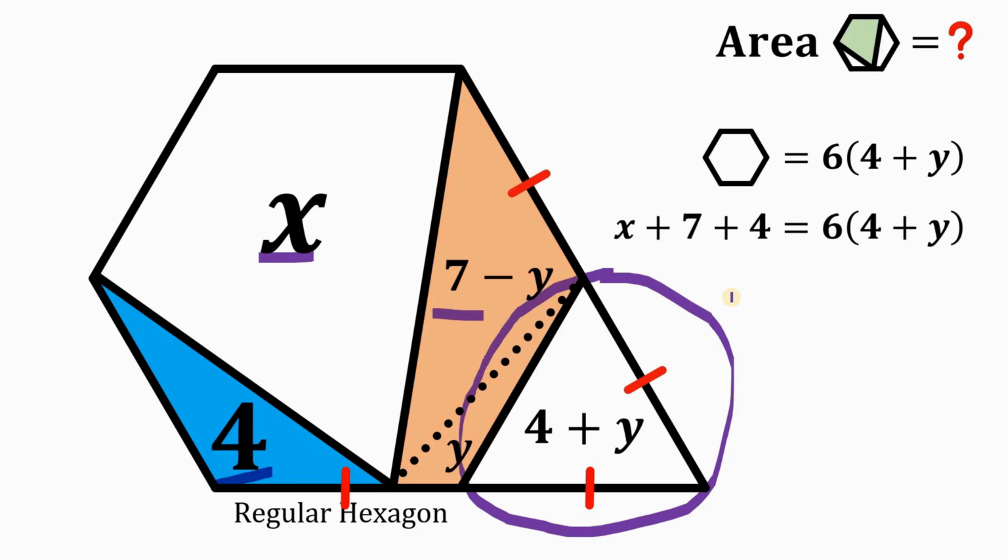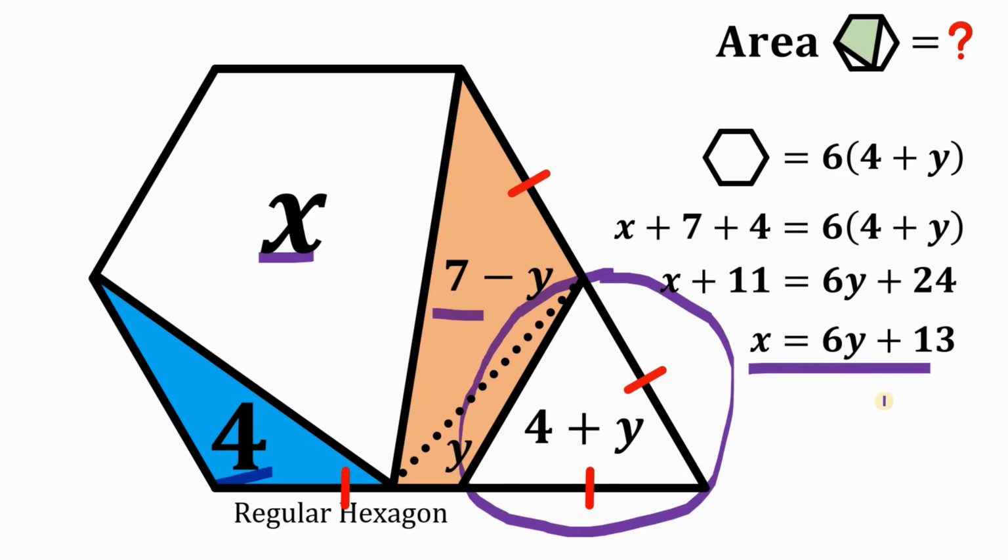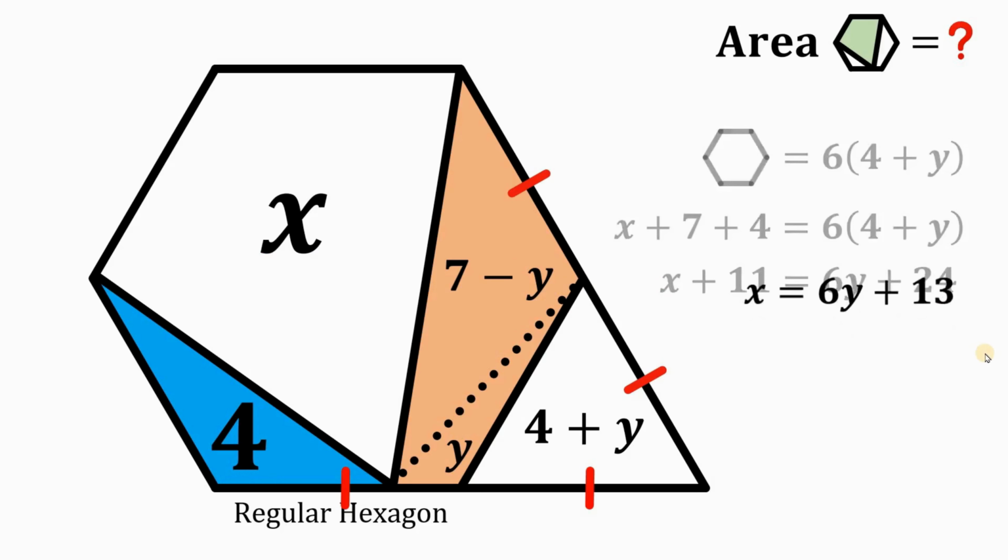Now simplify this. We have x plus 11 equals 6y plus 24. Now combine like terms. We have x equals 6y plus 13. Now we have an equation in terms of y. So if we get the value of y, we get the value of x, or simply the area that we want to find. So now let's set aside this result.